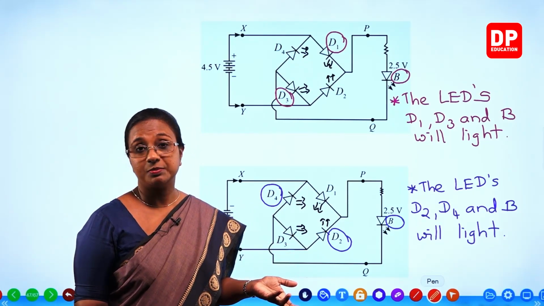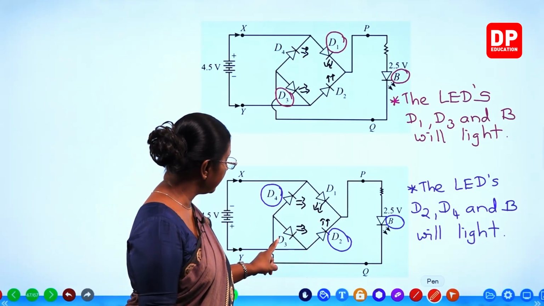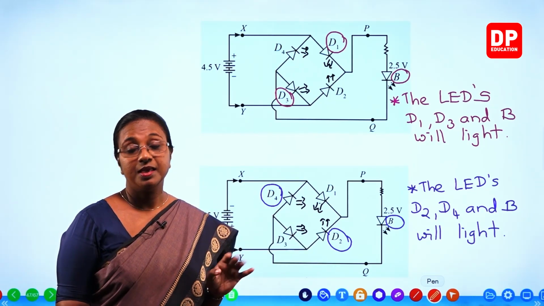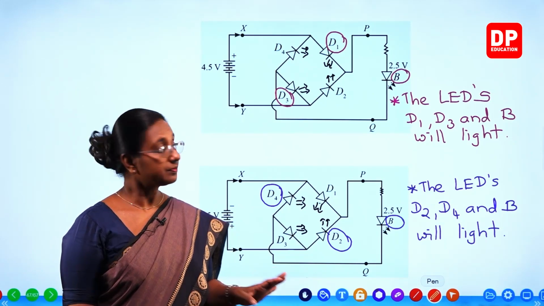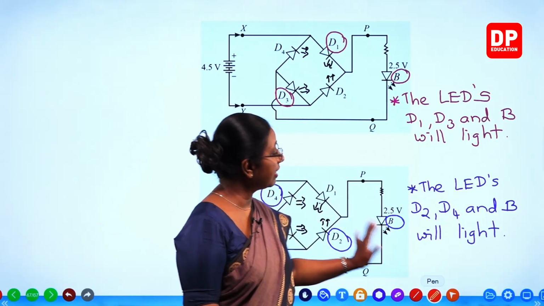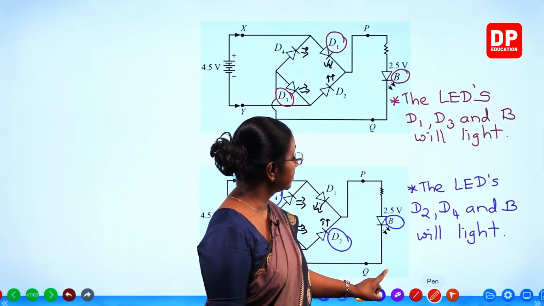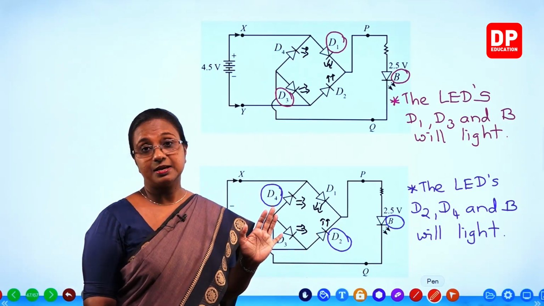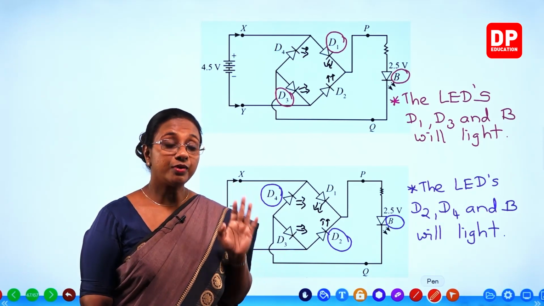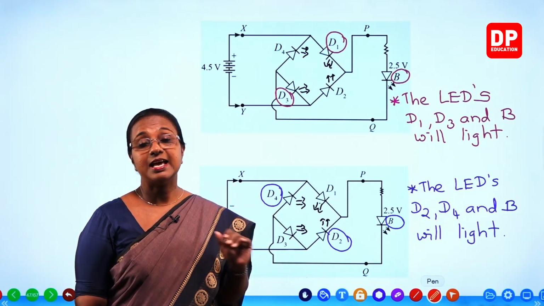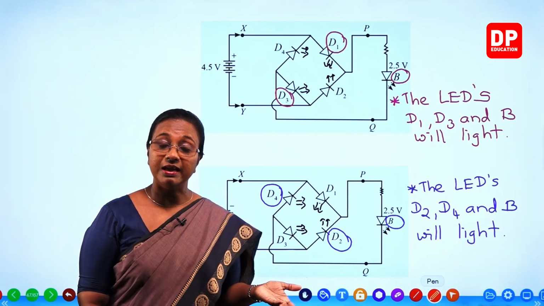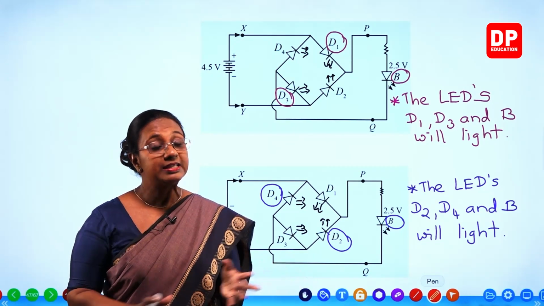That is also possible. You can see D1 and D3 light up, D2 and D4 light up. Is that clear? So this is what happens. In both instances, this LED bulb will light up. That is forward bias. So from there, you all can understand that it is full wave rectification. Is that clear, students?